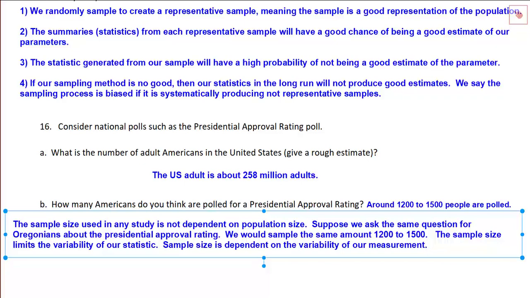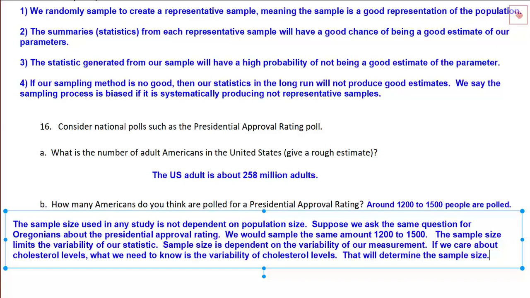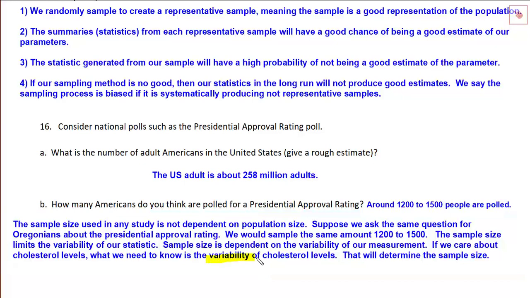Okay, so if we were measuring cholesterol levels, what we need to know is the variability of cholesterol level. That will determine the sample size. So it has nothing to do with a large population or a small population, but it has to do with the variability. How much does our data vary? And that will determine the sample size.